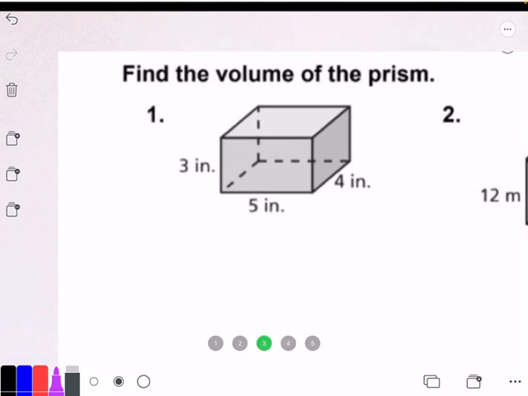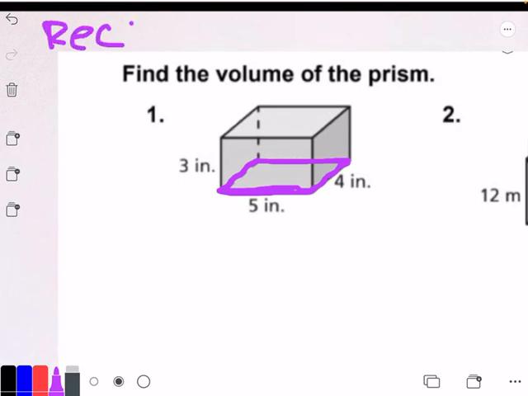For this, I'm going to find my 2D shape, which is right here. My 2D shape tells me that this is a rectangular prism. I'm going to write that above. Rectangular prism.